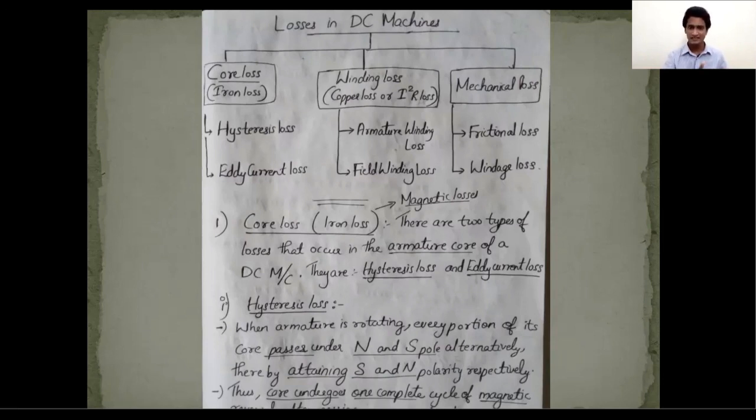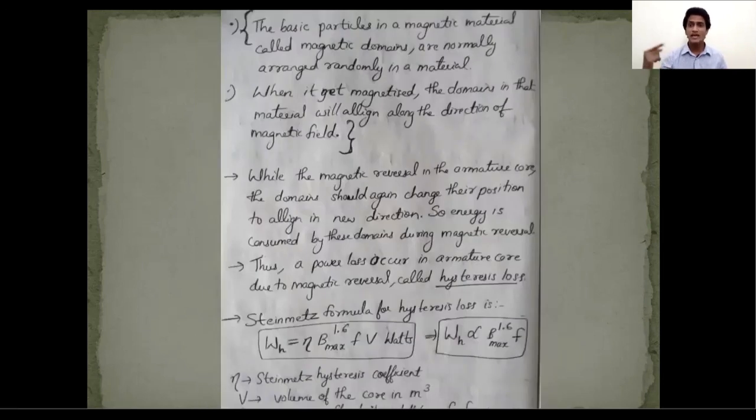As I said, there is a magnetic reversal when it passes through one pair of poles. So suddenly there is a reversal of the magnetic field, and my magnetic domains should suddenly change direction from north to south and from south to north. So magnetic reversal takes place.